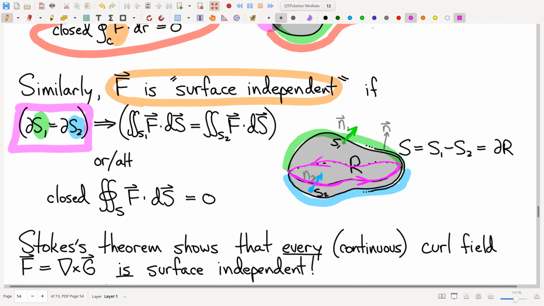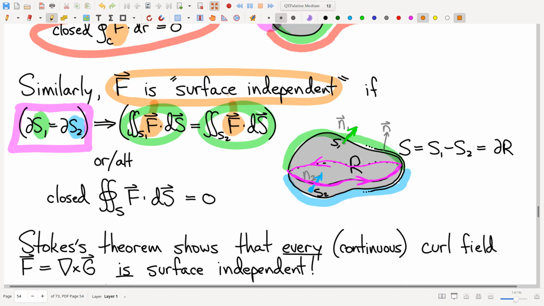And surface independence, the claim is that whenever you have, again, two surfaces with the same boundary curve, somehow we are supposed to imagine that the green flux and the blue flux would always be equal. This special kind of vector field, this alleged, again, I don't know that this exists, but allegedly there should be a vector field.